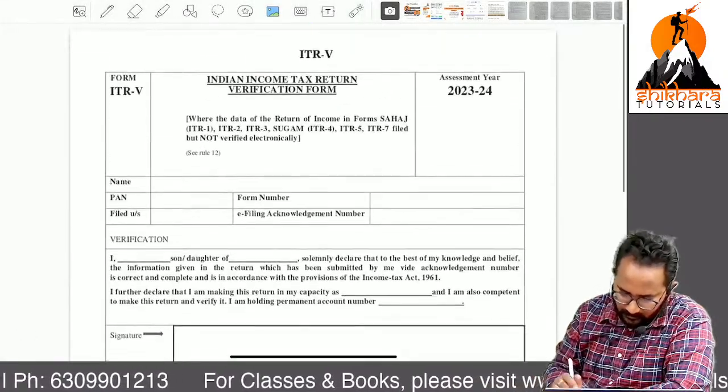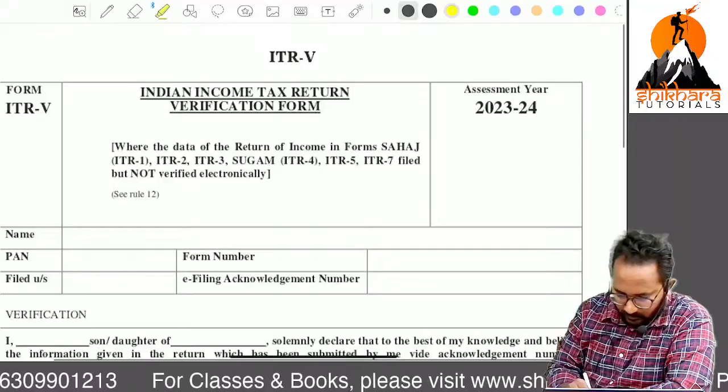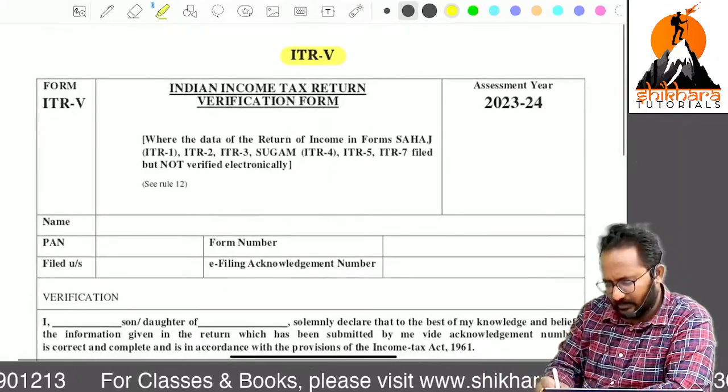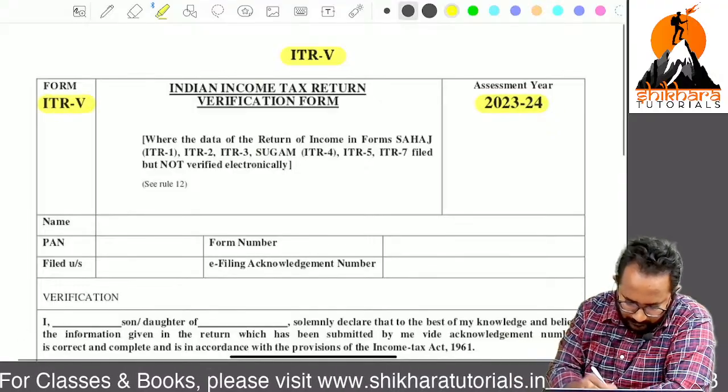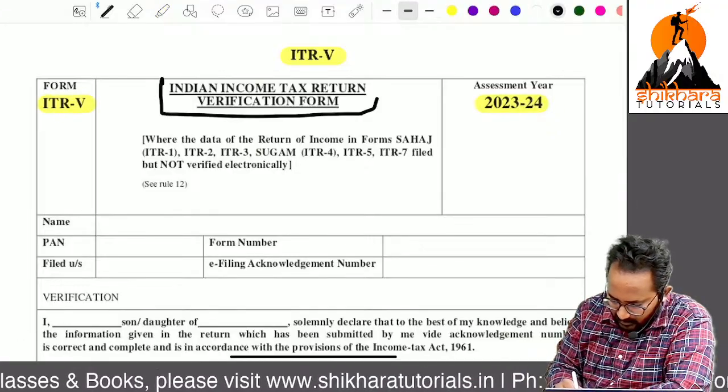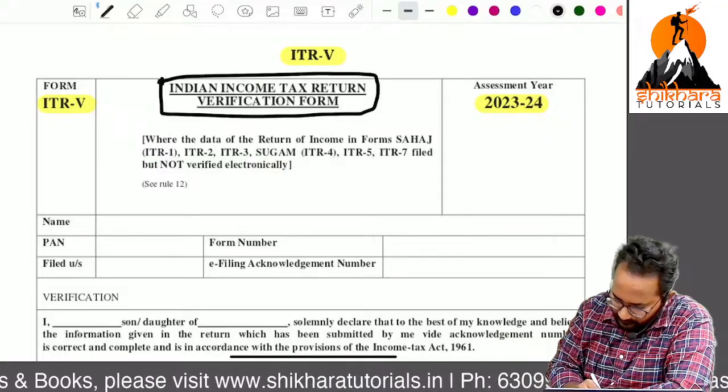Yes, ma, please check. So this can be downloaded from a website. Okay, updated years also you can download. Form ITR-V. Can you read the heading, ma? Indian Income Tax Return Verification Form.